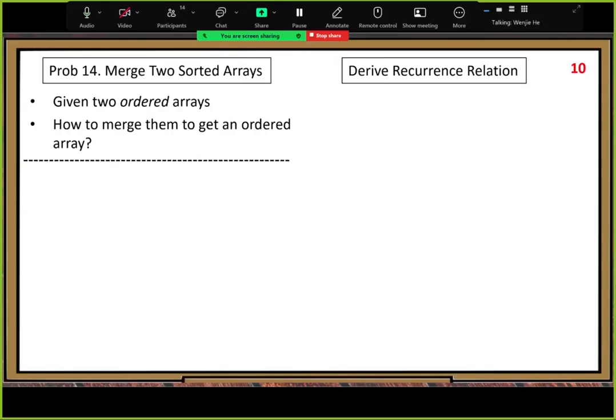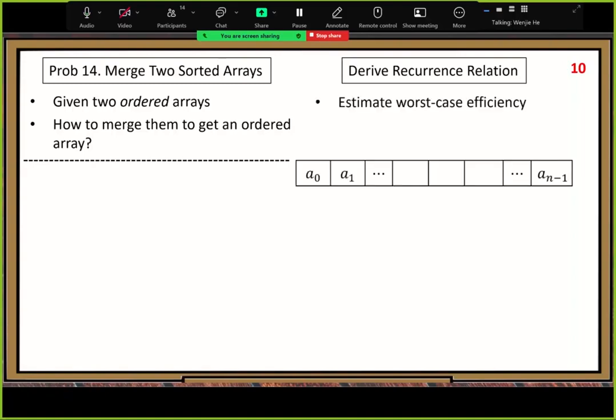Here, let's consider the worst case. Because if we know the number of comparisons for the worst case, then we can solve any case with at most that many comparisons. So let's estimate the worst case efficiency.